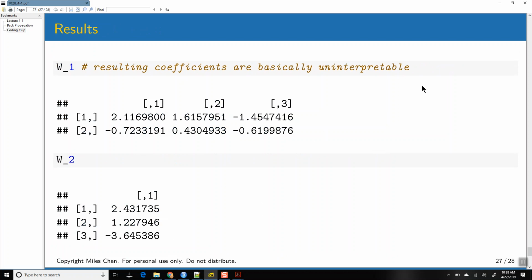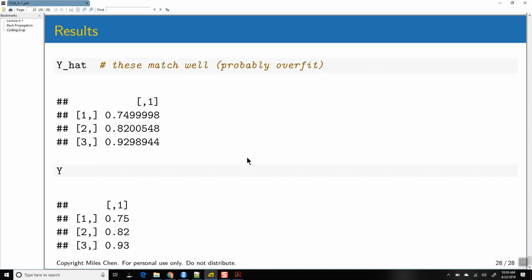These are basically uninterpretable. Okay, I have no idea what this stuff means, okay? It's technically the weight between input 1 and nodes 1, 2, and 3 in our hidden layer, but I don't know what nodes 1, 2, and 3 even symbolize, okay? So there's not much interpretation here.